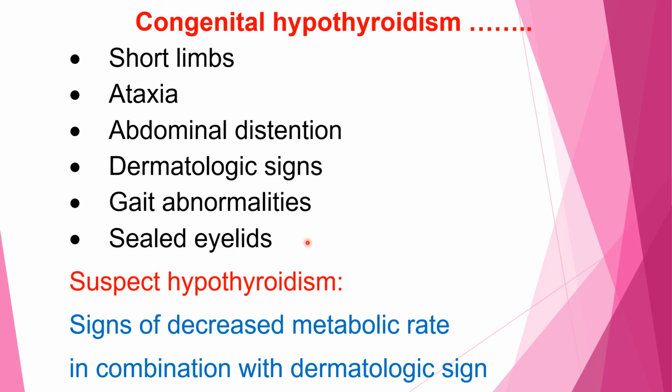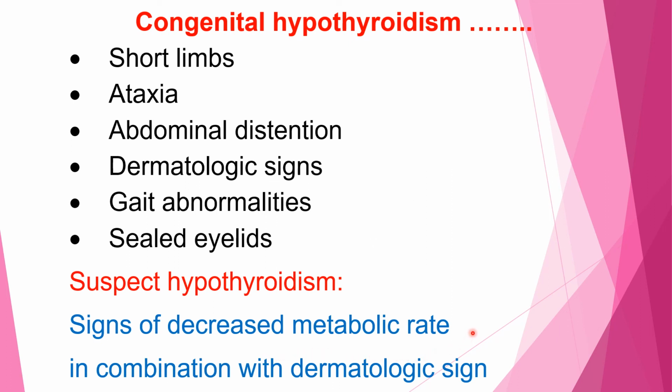Friends, we have seen so many signs and symptoms of hypothyroidism. But you suspect hypothyroidism when you find two clear-cut groups of signs. One is the signs of decreased metabolic rate.